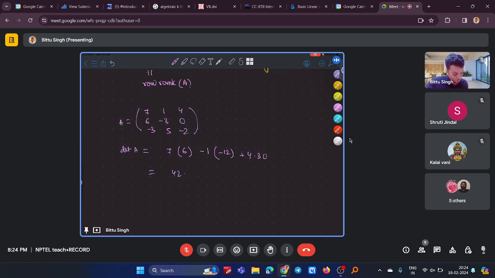This is the same as 42 plus 12 plus 120. Clearly this is non-zero.